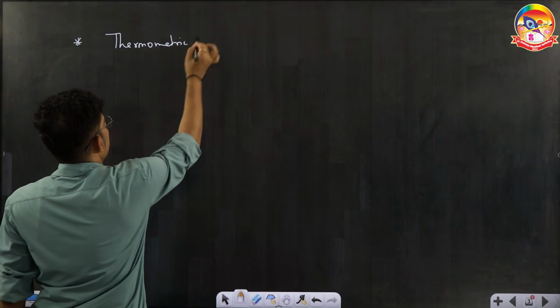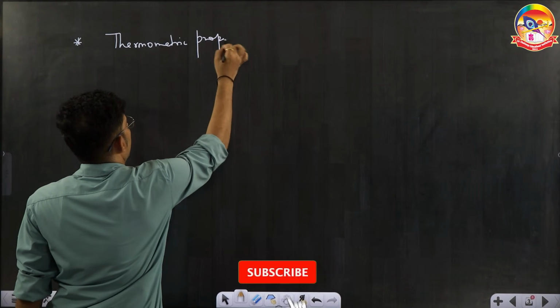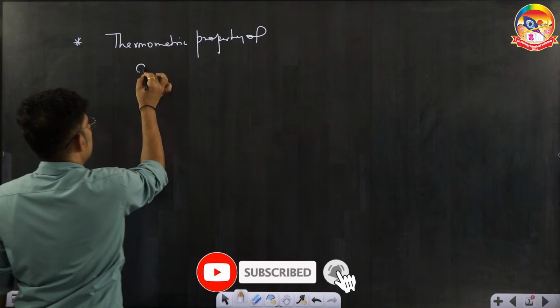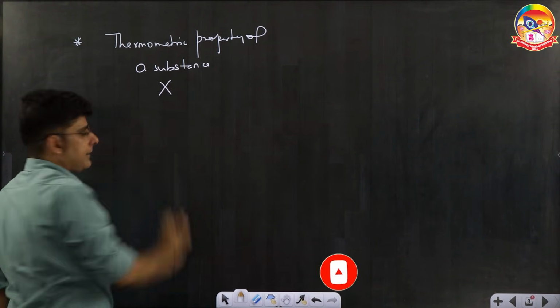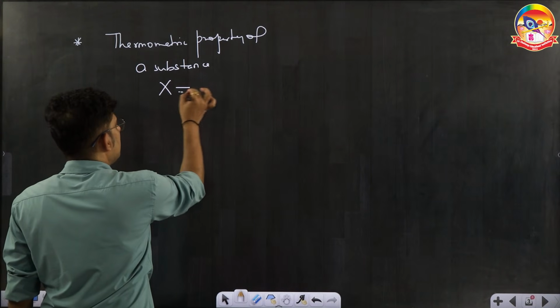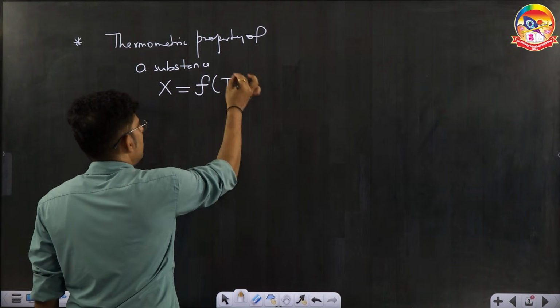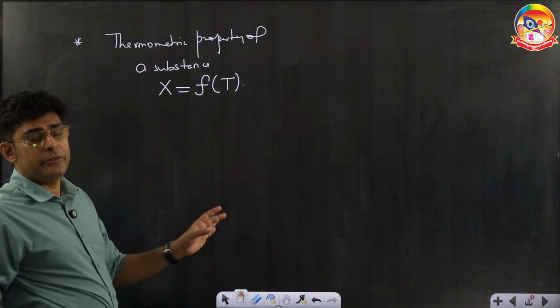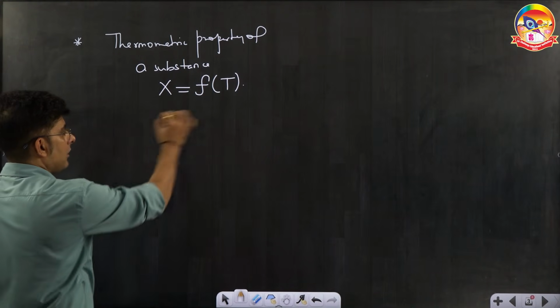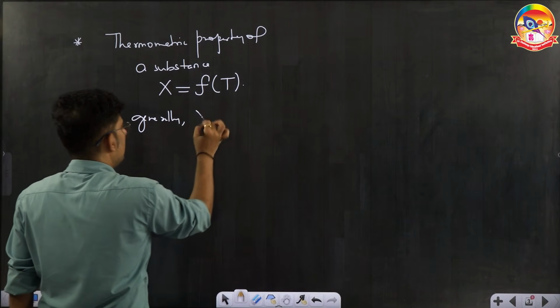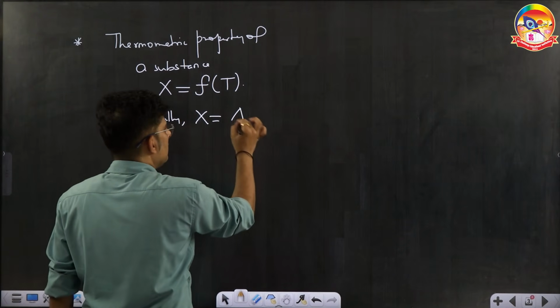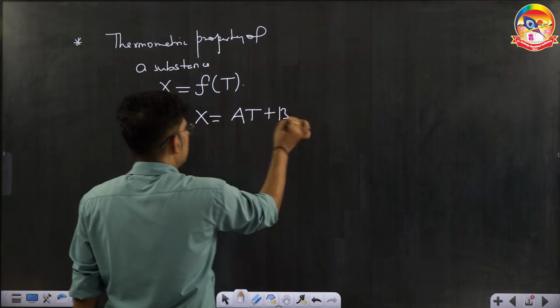So we have a term which is called the thermometric property of a substance to make a thermometer, which is denoted as X. So X is nothing but a function of temperature. Suppose I am taking temperature as T. Generally we prefer linear functions. Generally we take X as a linear function of the form AT plus B.